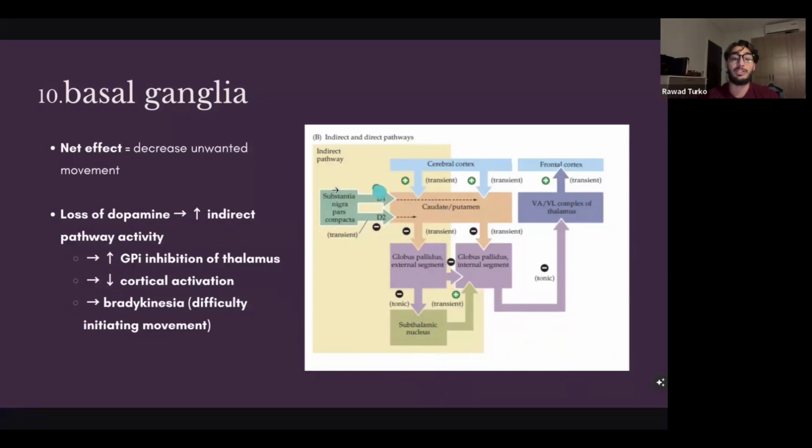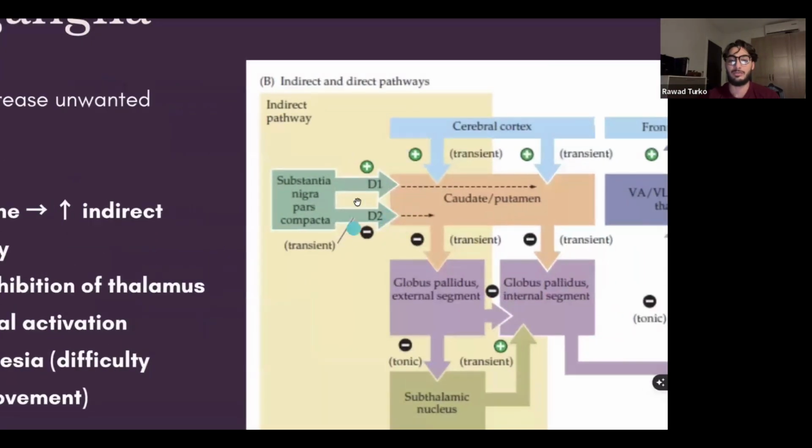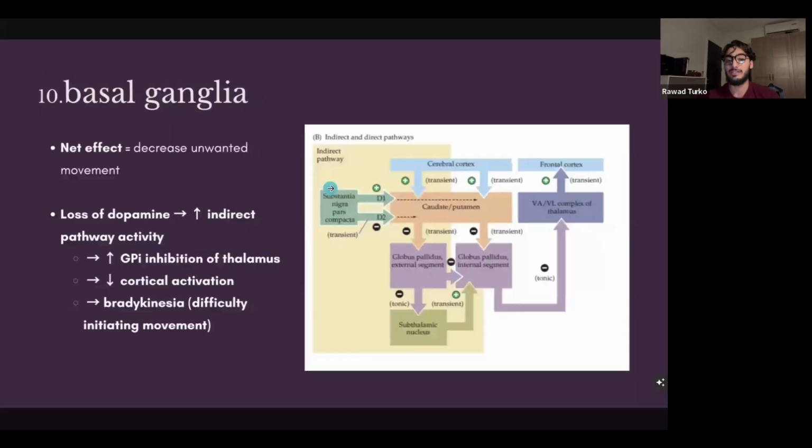What the substantia nigra does, in the same way that it activates the direct pathway to increase movement, is also inhibit the indirect pathway, which is responsible for inhibiting movement. So we're inhibiting the inhibition of movement, which means the net result of dopamine is to increase movement.